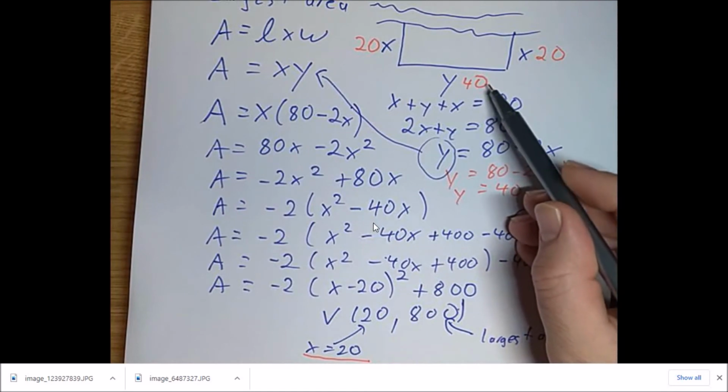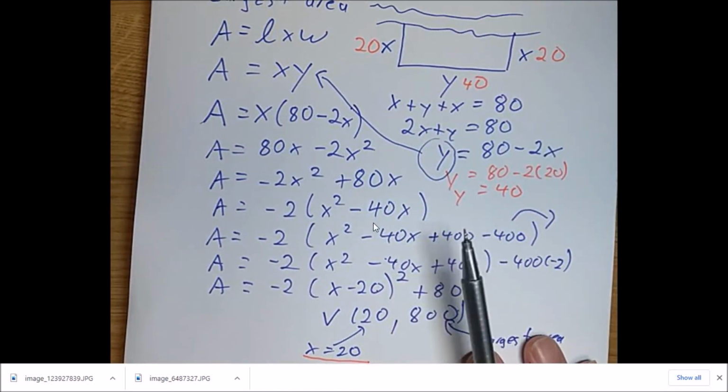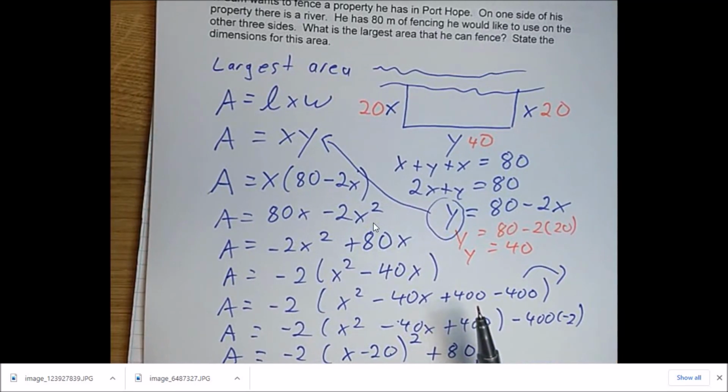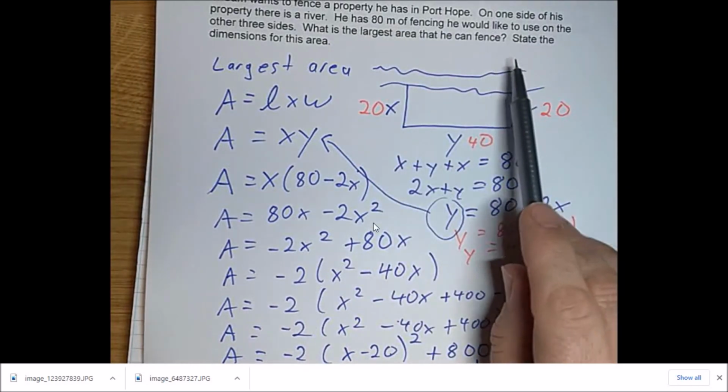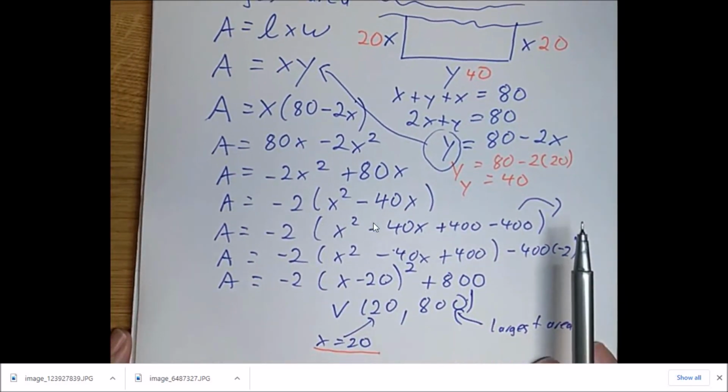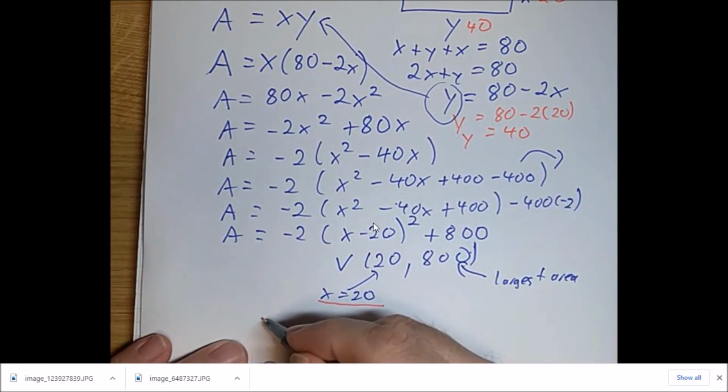So for our maximum area, we're going to write a sentence. It says on the top, what is the largest area that he can fence? It's 800. We need the units, so everything here has been in meters, so meters squared. State the dimensions of the area. So now we just put a sentence on the bottom.